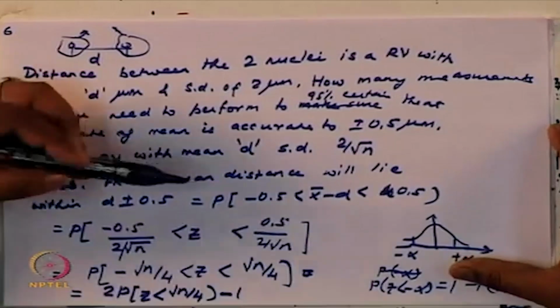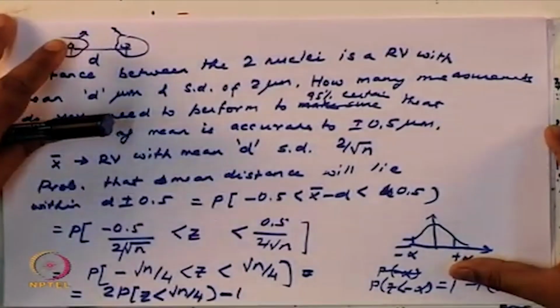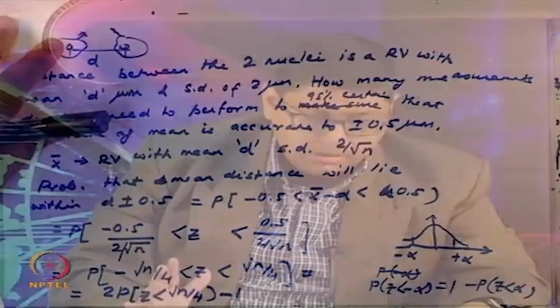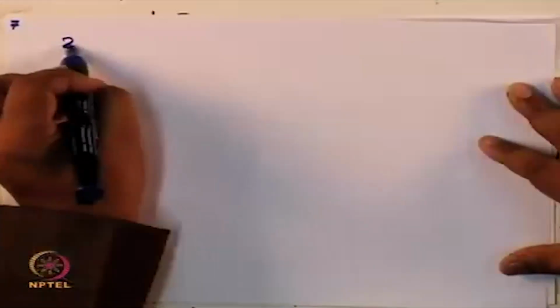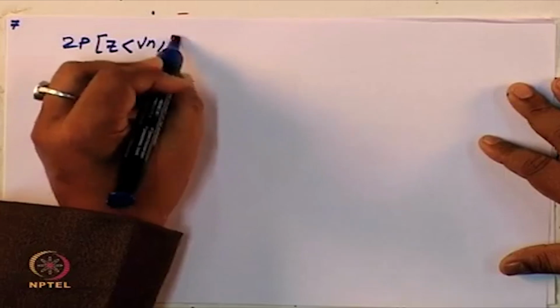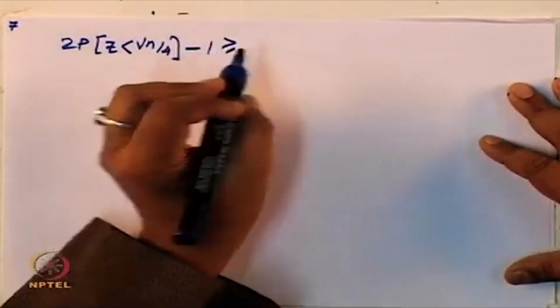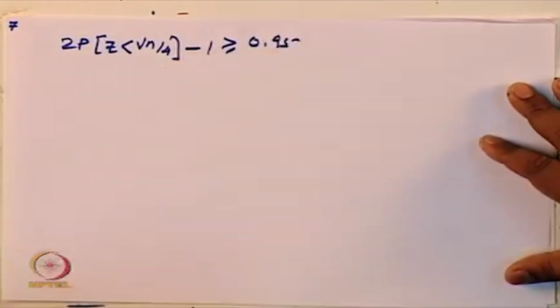Now, this is the probability that the mean distance will lie within plus minus 0.5 of d, and I want to be 95% certain that this is so. So, what I am given is that 2 P of z less than root n by 4, minus 1 has to be at least 95%.